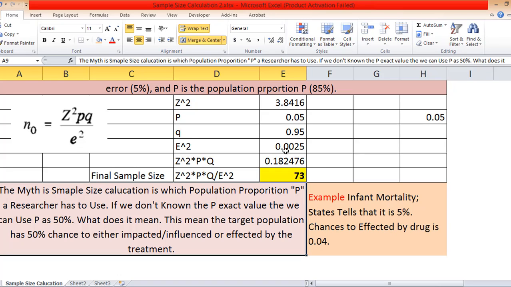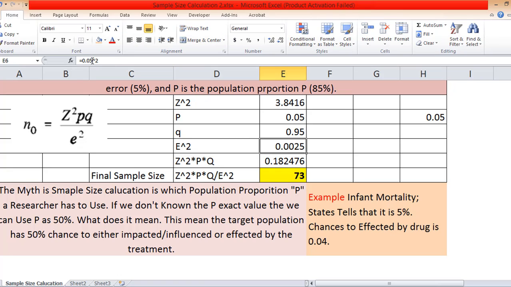The sample size is also affected by the margin of error. Here we have used a margin of error of 0.05. If your margin of error is 0.06, then the sample size decreases. It means if you increase the margin of error, the sample size shrinks. And if you decrease the margin of error, the sample size must increase.